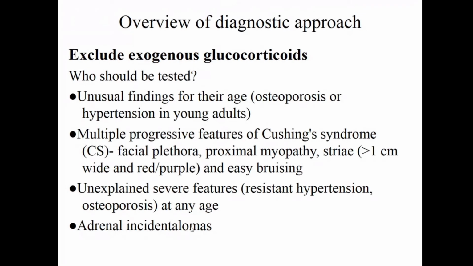Those are known as incidentalomas, meaning an incidental finding. If you detect a tumor in the adrenal gland, with or without symptoms, you have to work up to rule out Cushing syndrome.